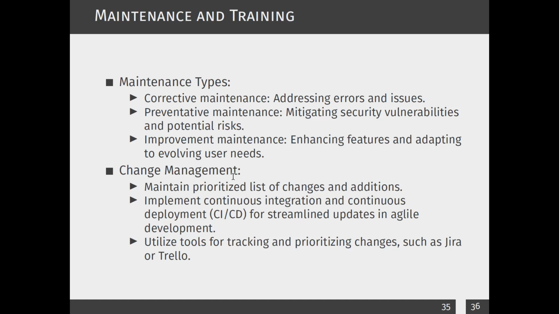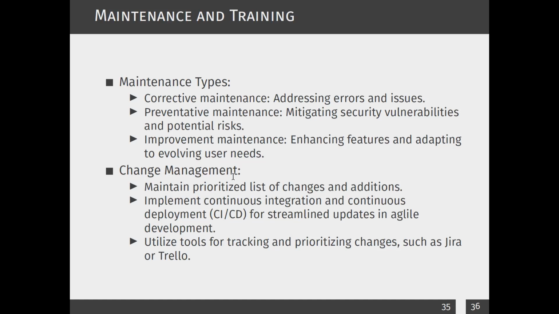When you develop a piece of software, it's common that we make some mistakes. Essentially, those things should be corrected. We call this corrective maintenance. So basically, the focus is to address errors and any issues.